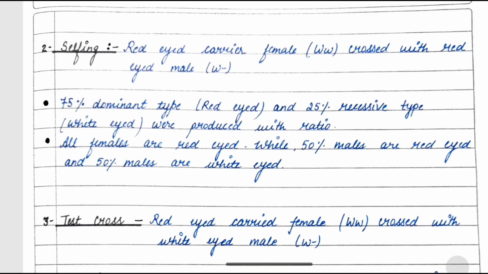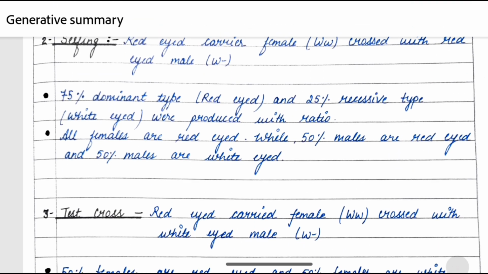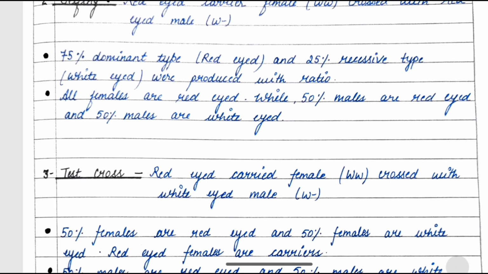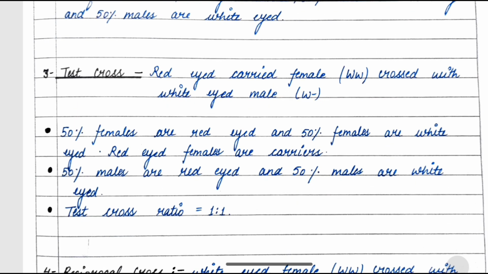A red-eyed carrier female is crossed with a red-eyed male. So here we get 75% dominant type and 25% recessive type, white eye, produced in this ratio. And in the second point, all females are red eyed, while 50% of males are red eyed and 50% of males are white eyed.